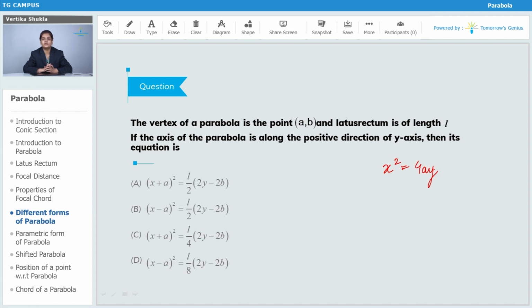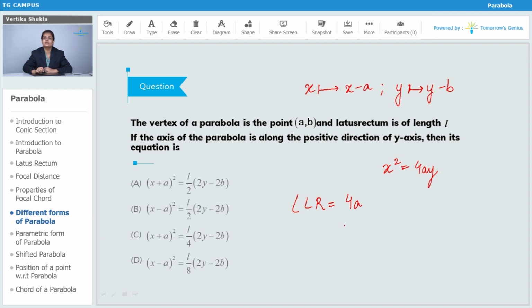If the vertex has shifted to (a, b), x will now be changed to x minus a and y will be changed to y minus b. Also, the question says the latus rectum is of length L. We have already discussed that the length of the latus rectum is equal to 4a.